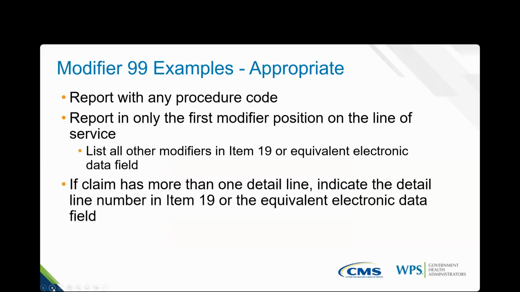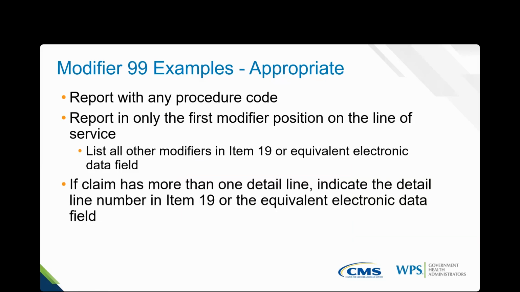The next slide includes some of those appropriate examples of modifier 99 use, and this comes right from that modifier 99 fact sheet that I mentioned to you earlier. You can report modifier 99 with any procedure. It is appropriate. And it should only be listed in the first modifier position for the respective line of service.